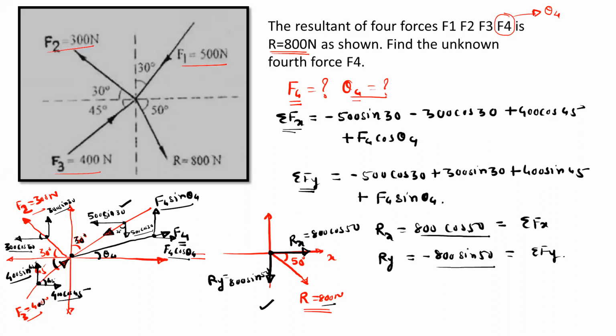So just put this value, equate this, this is 800 cos 50, and second summation Fy, this is minus 800 sin 50.